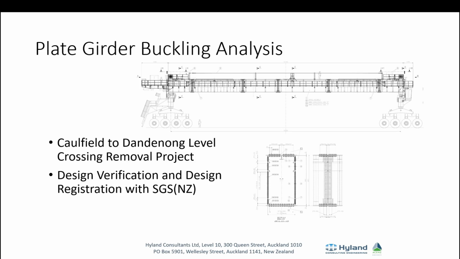So we managed the design verification and design registration with SGS New Zealand, doing the mechanicals and overall design registration and design verification sign-offs, and us doing the structural aspects. So this equipment's pretty massive. We've got 430 tonne lifts that are being done by this equipment.